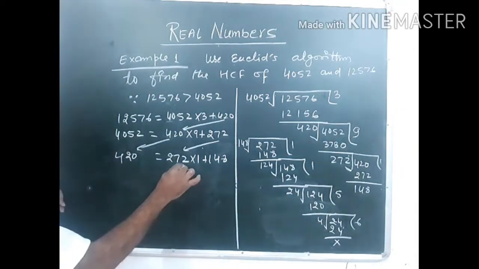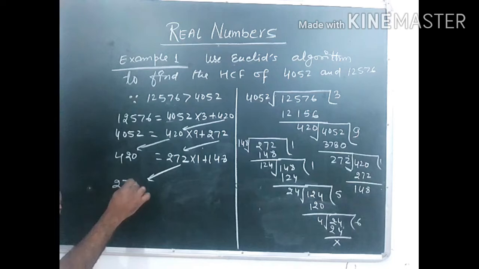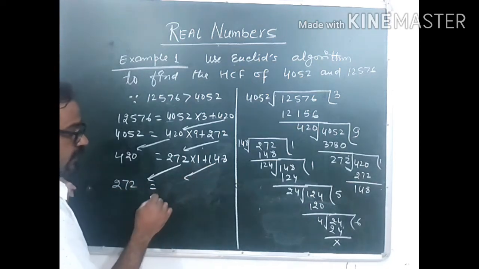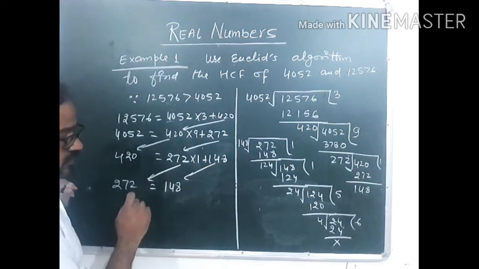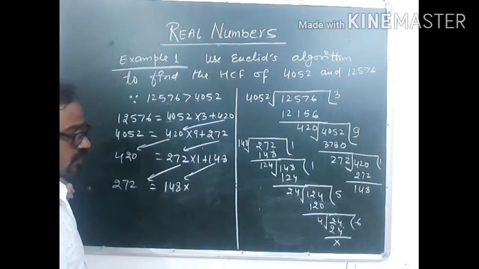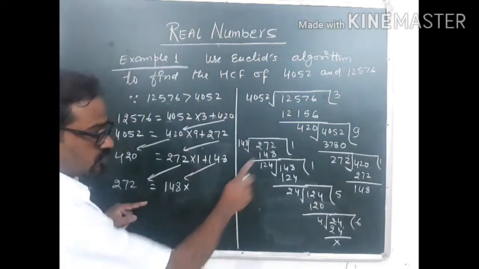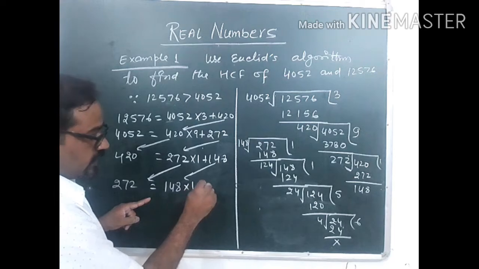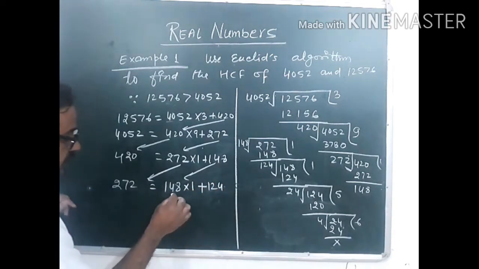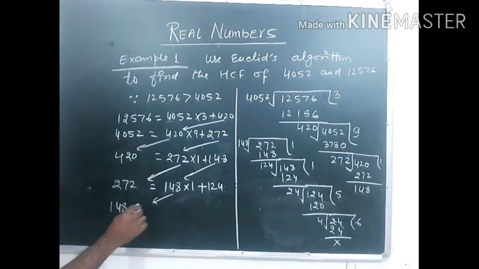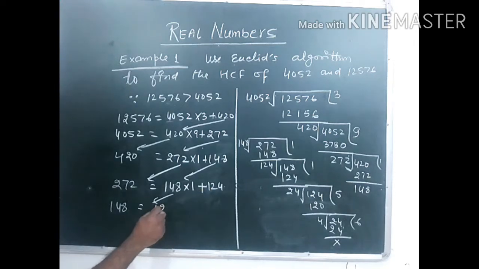In the next step, 272 is our dividend and 148 is our divisor. 272 divided by 148 is 1, and the remainder is 124. In the next step, 148 is our dividend and 124 is our divisor.